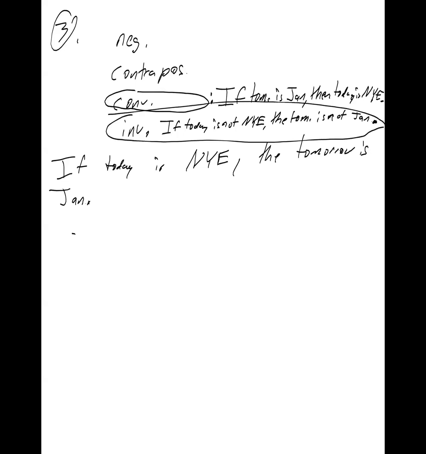Now let's do the contrapositive. Notice the contrapositive is the longest word. Converse is kind of short. Inverse is kind of short. Contrapositive, it's the longest word, and it's the longest word because it does the most to this original statement.